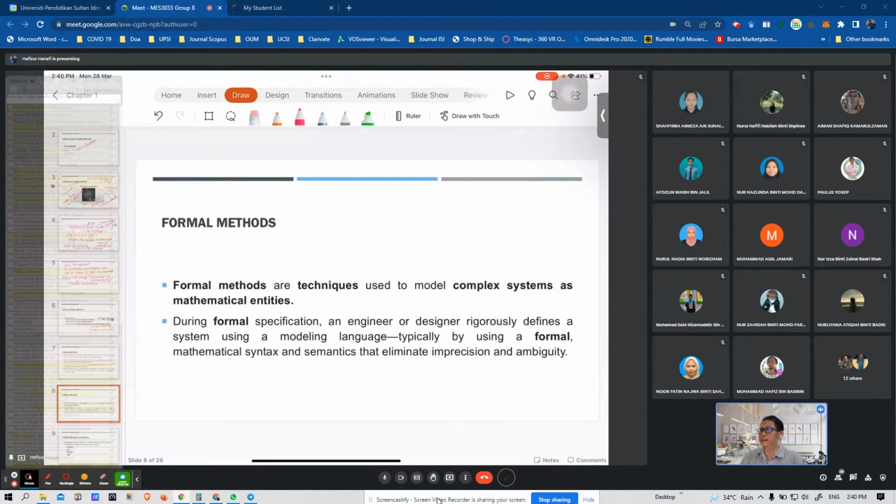Okay, basically, formal techniques. We use several techniques to model a complex system as mathematical entities. During the formal specification, an engineer or designer rigorously defines a system using a modeling language, typically by using formal and mathematical syntax and semantics to eliminate imprecision and ambiguity. Okay, precision, semantic. What is semantic?